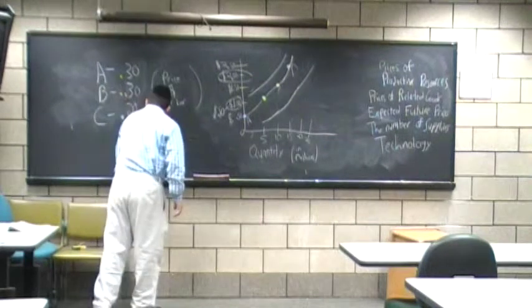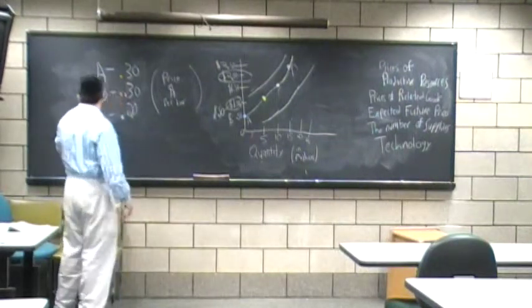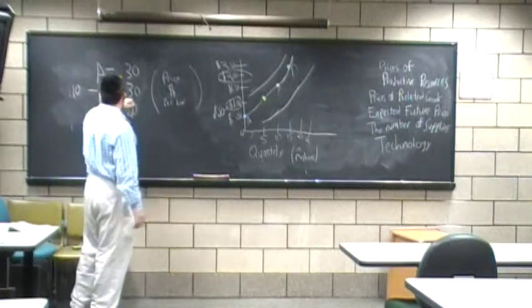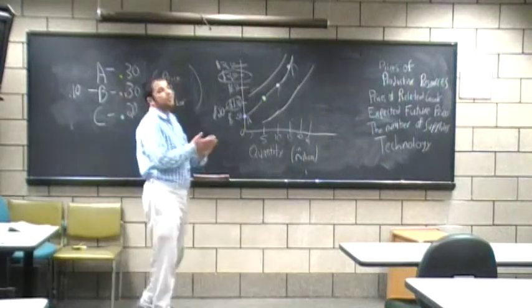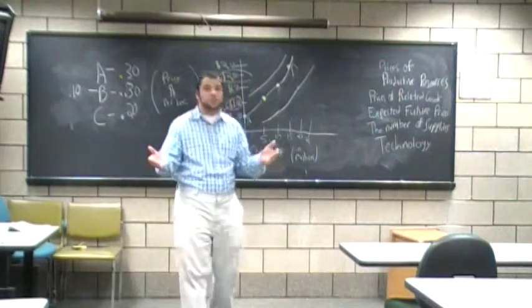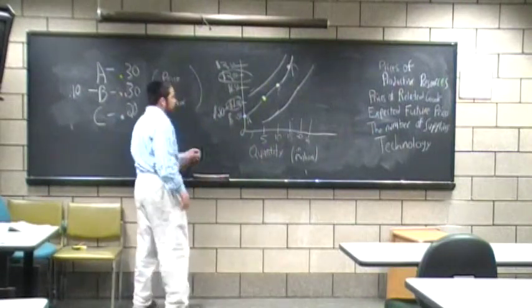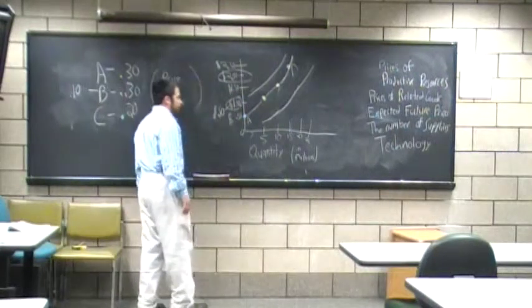Now all of a sudden something happens and product B, which is necessary for the Snickers bar, drops to 10 cents. So 30 plus 10 plus 20 is 60 cents. Now it only costs Snickers 60 cents to make a Snickers bar. Consequently, it'll create a shift in the supply curve.